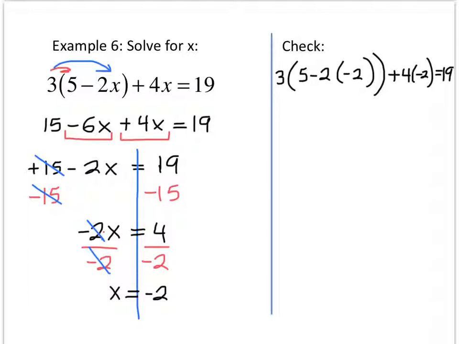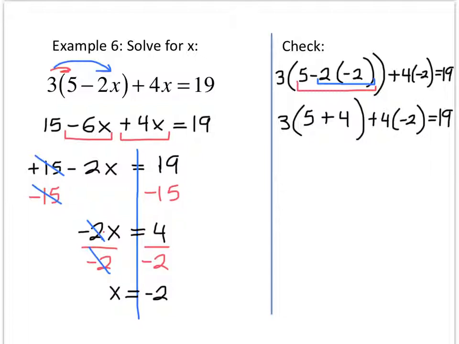So I'm going to start inside the parentheses, and more specifically, there's subtraction and multiplication. I have to start with multiplication, following order of operations. So I'm going to do 3 in parentheses, 5, and then negative 2 times the negative 2 is a positive 4, plus 4 times negative 2 equals 19.